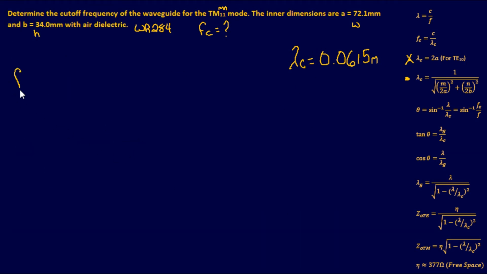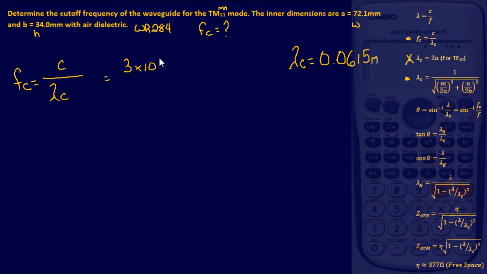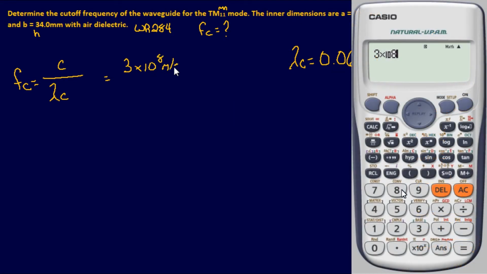All right, for our frequency cutoff, same thing as last time. We're going to use this equation right here. So it's going to be speed of light over your cutoff wavelength, and that's 3 times 10 to the 8 meters per second over, and then we have our cutoff wavelength, which is 0.0615 meters, and that's a simple plug and chug.